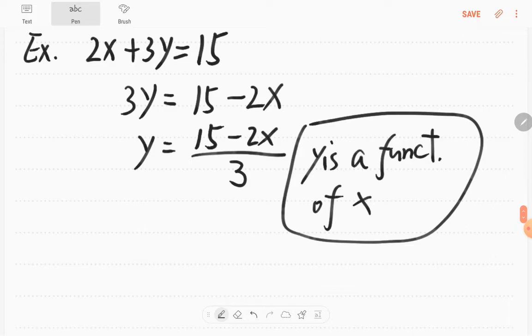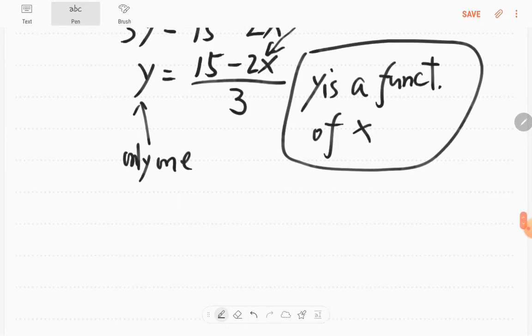Why? Because for every input x, there is only one output y. Only one. You cannot plug in x values and get more than one output. There's no way for this representation.